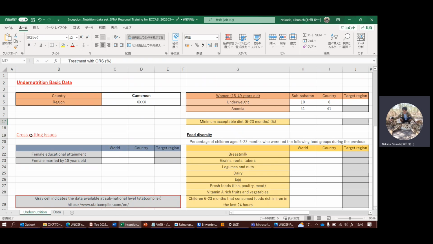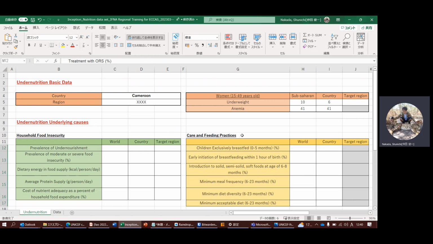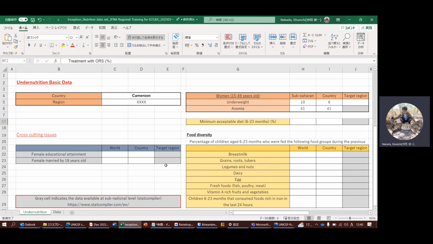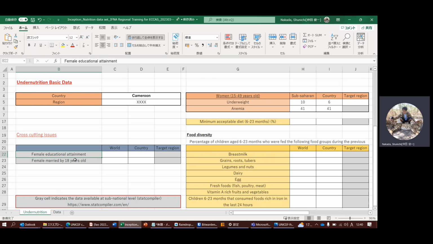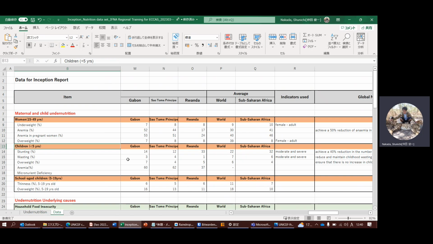There are cross-cutting issues which strongly affect these underlying causes. A typical case is the status of women or mothers. Out of indicators to show women's situation, we collected 2 data sets: female education attainment and female early marriage. Then again, you can check the data from here.